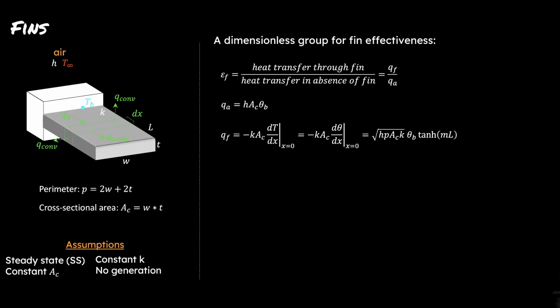We have the square root of h times p times A sub c times k, all of that times theta sub b times the hyperbolic tangent of m times L. We can now take these two expressions for Q sub f and Q sub a, take their ratio, and we have an expression for the fin effectiveness: it equals the square root of k times p divided by h times A sub c, times the hyperbolic tangent of mL.